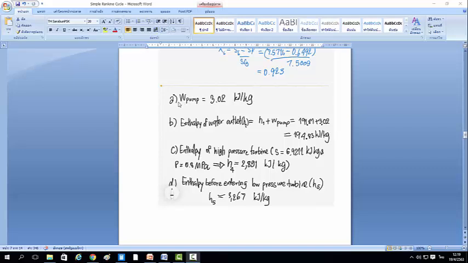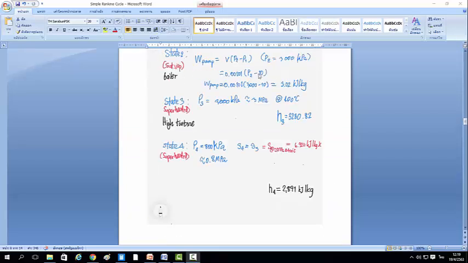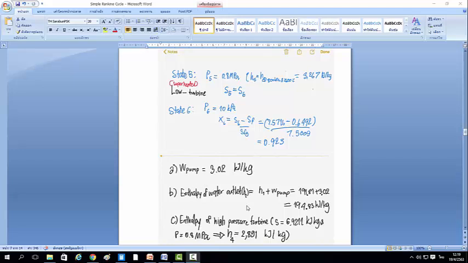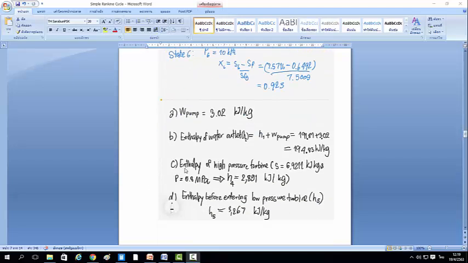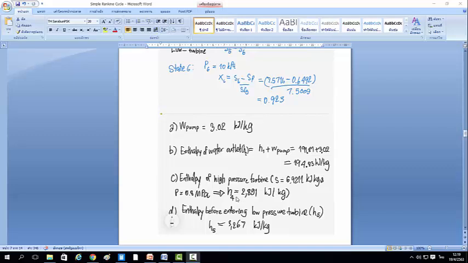And then we get a work pump of 3.02 at state 2, which we already discussed. The enthalpy of the water outlet, H2, equals H1 plus the work pump here, and for the enthalpy of the high pressure turbine, H4 equals this.